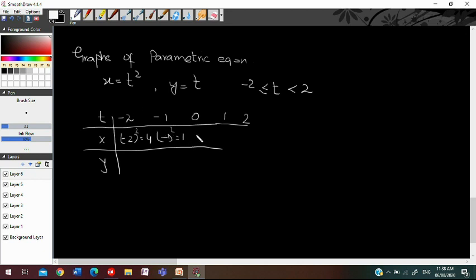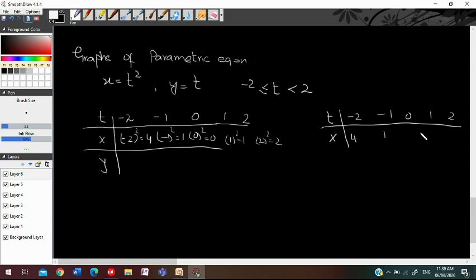When t is 0, x is 0 square, which is 0. 1 square is 1, then 2 square is 4. So for the different values of t, -2, -1, 0, 1, 2, x is 4, 1, 0, 1 and 4.